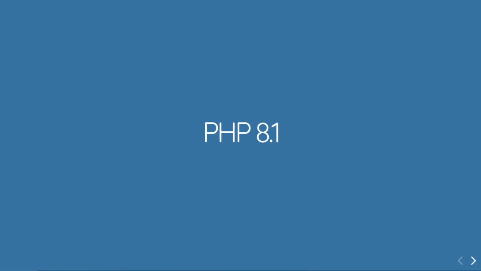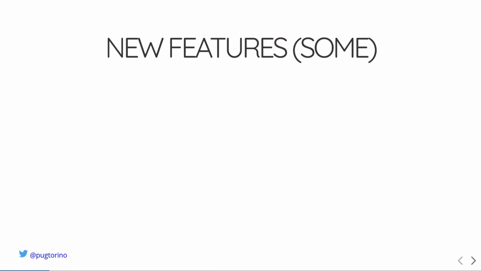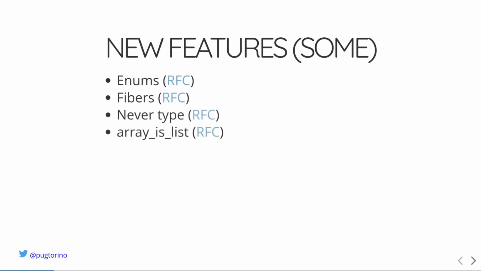Okay, let's jump to the topics of this presentation, that is PHP 8.1. There are a lot of new features scheduled for the 8.1 release. Some of these features are the enums, and I will talk later about it, the fibers, the never type, the array_is_list, this new function to check if an array is a list or not. fsync and fdatasync are two other functions, very useful if you are using file streams in PHP.